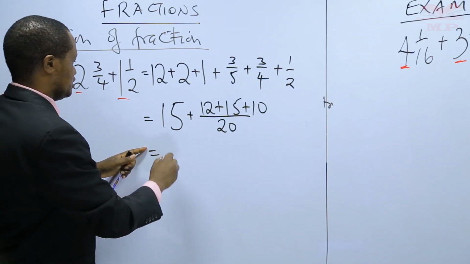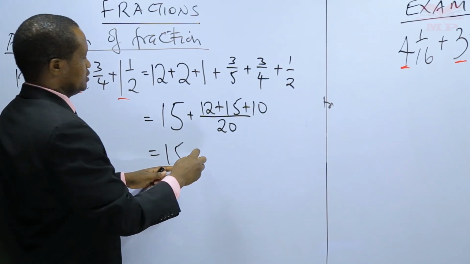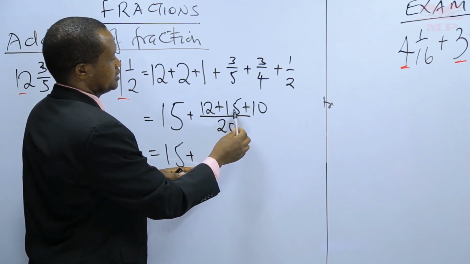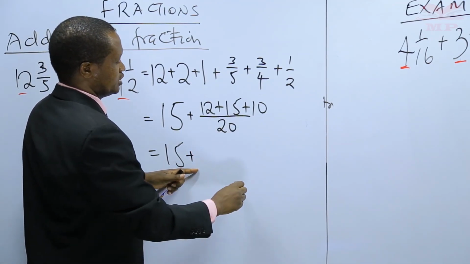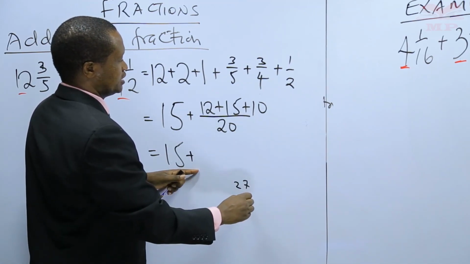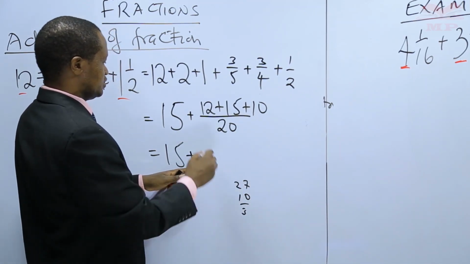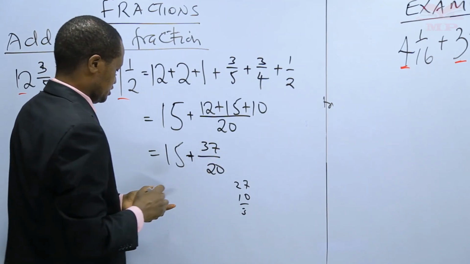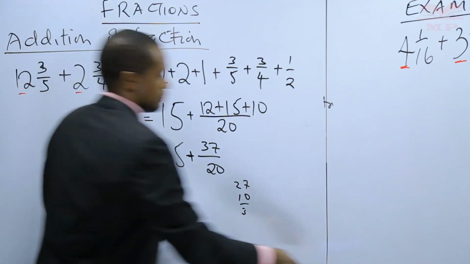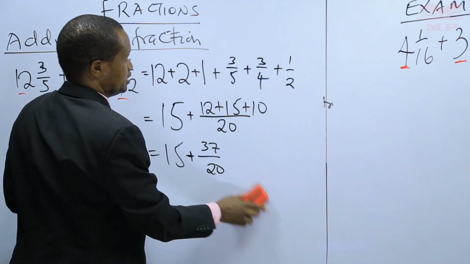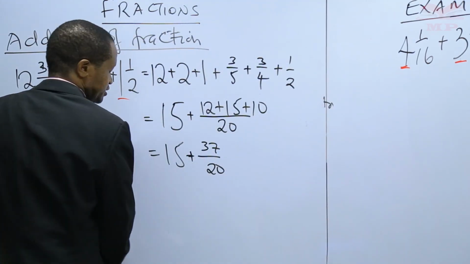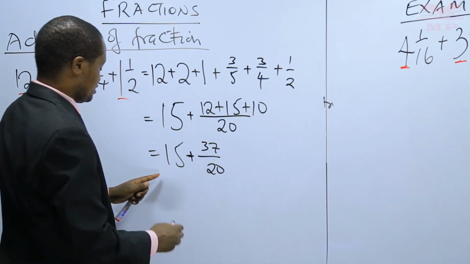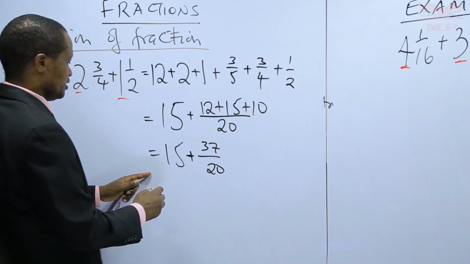This will give 15 plus 12 plus 15 is 27. 27 plus 10, 37. So this will be equal to 37 over 20. Then we will convert this improper fraction into a mixed number.